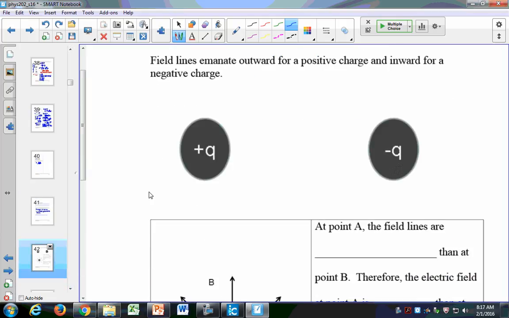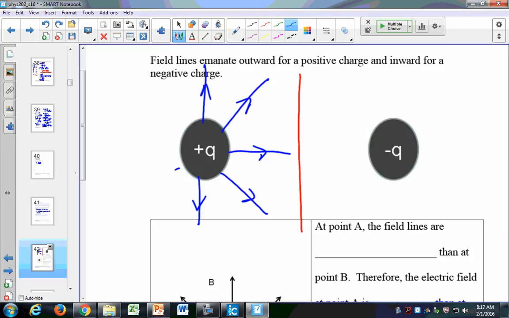So if we think about positive and negative charges, these are going to be separate from one another. They're not related. They're not in the same room or whatever. Field lines will emanate outward for a positive charge, like this. But this goes back to what we were thinking about.